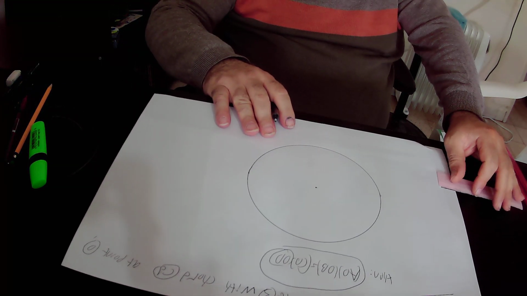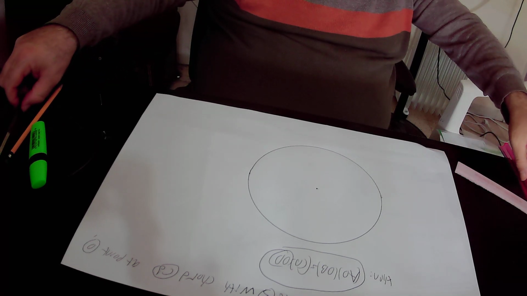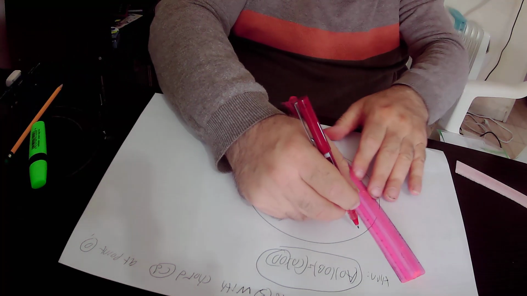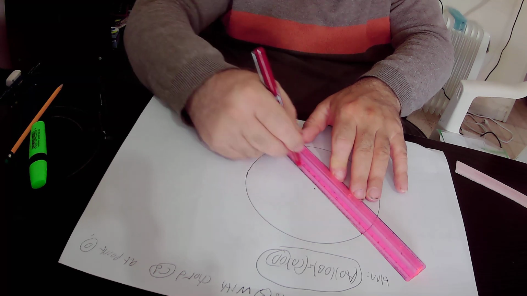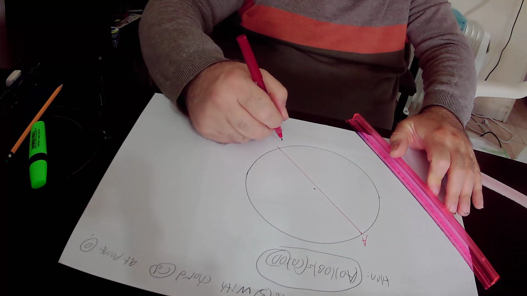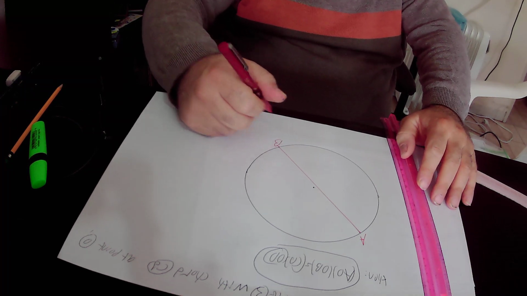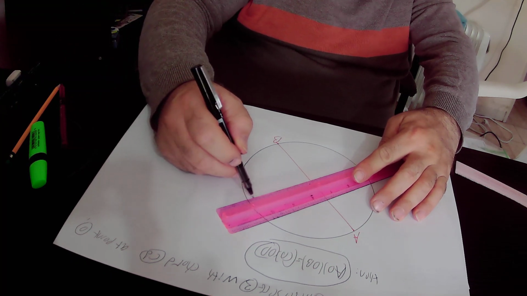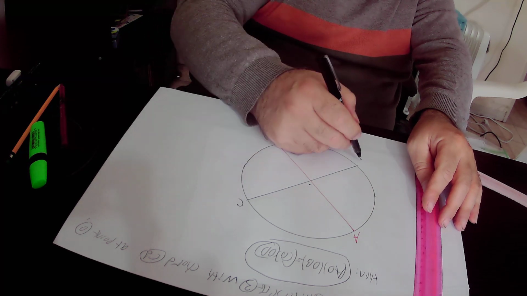So here we have chord AB. This is chord AB that intersects with chord CD. This is chord CD.